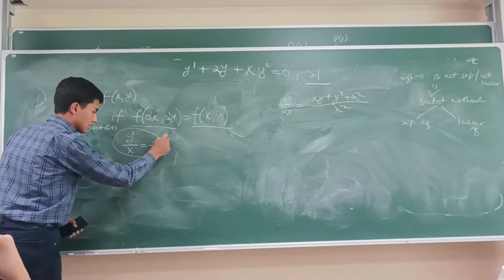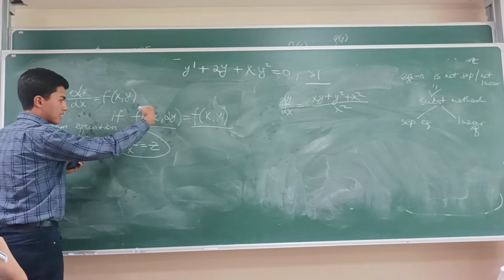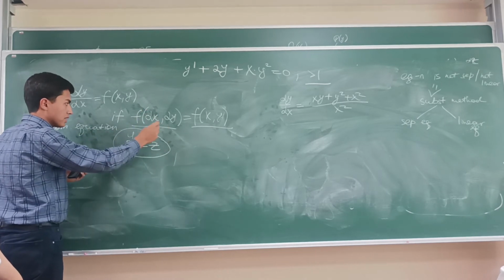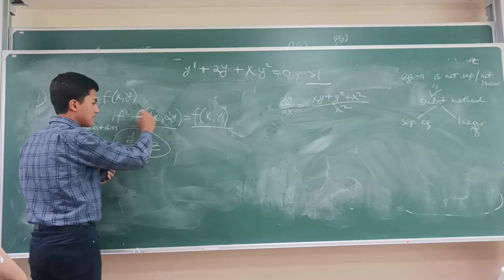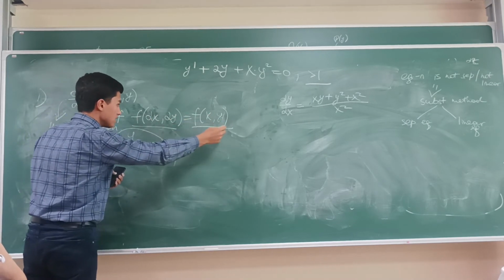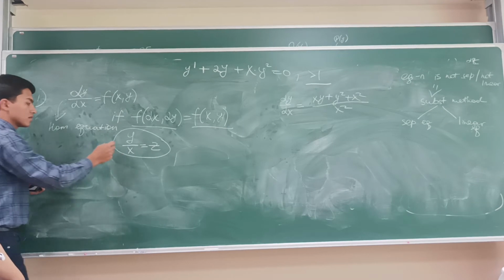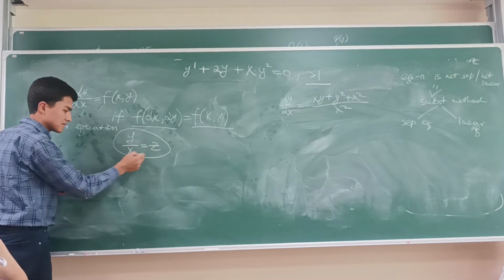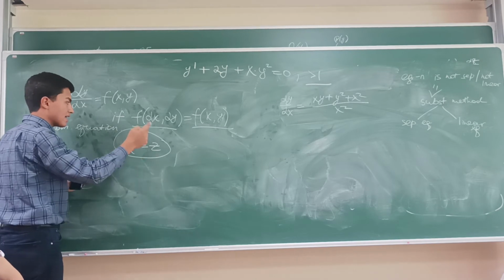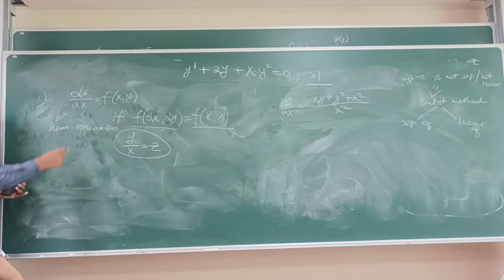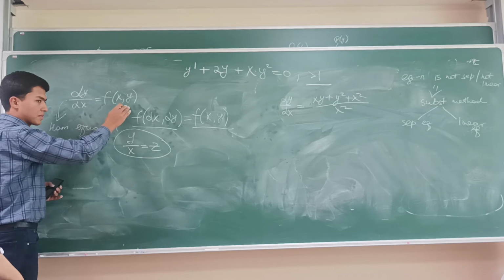Okay? When I told you earlier, when the inputs are αx and αy, and the output is the same as with inputs x, y, this is a homogeneous equation, and you can try this substitution. You can substitute y over x with z. This equation was not linear and not separable, right?